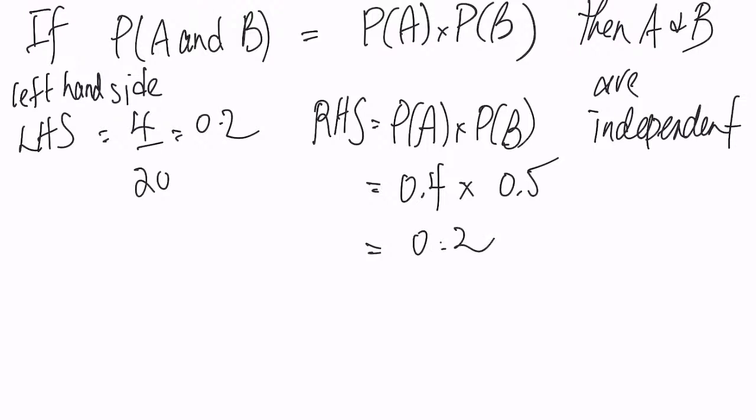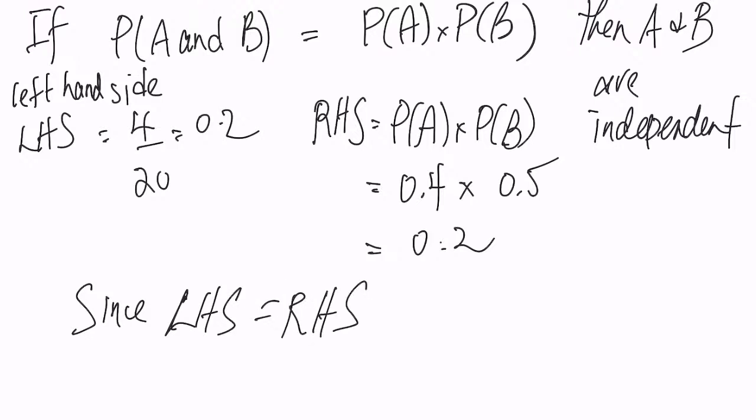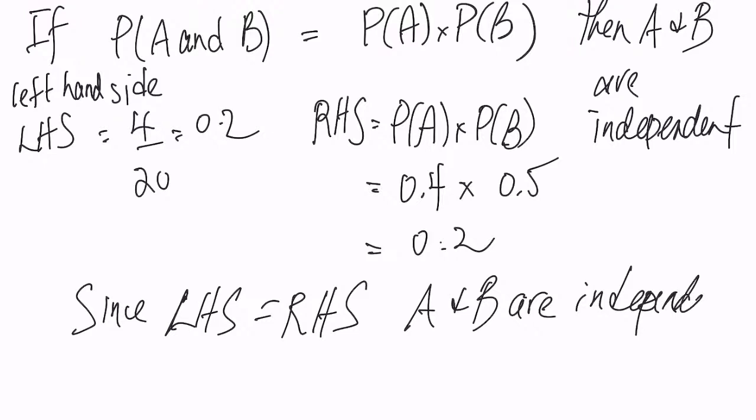Now, since the left-hand side is equal to the right-hand side, A and B must be independent. So what you've done is made a statement of independence and then proved it. Okay, so that's the second way of doing this.